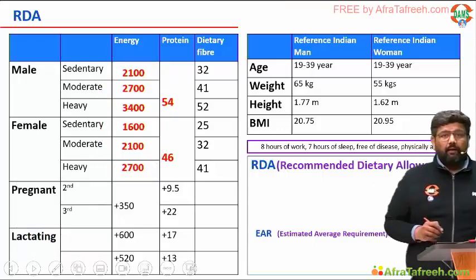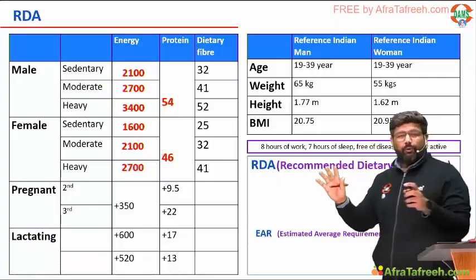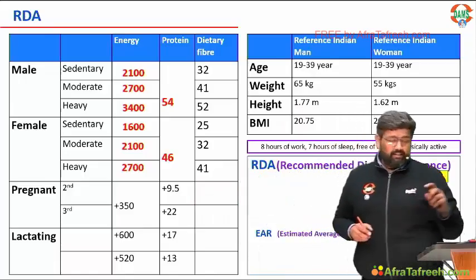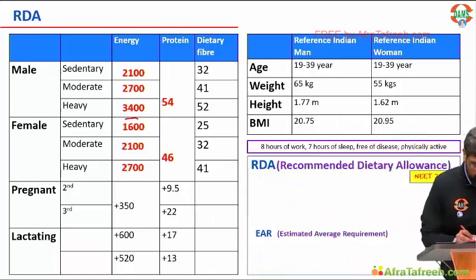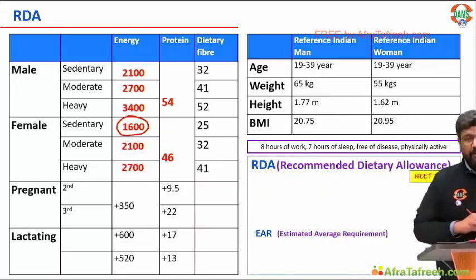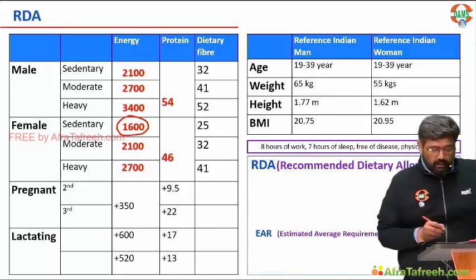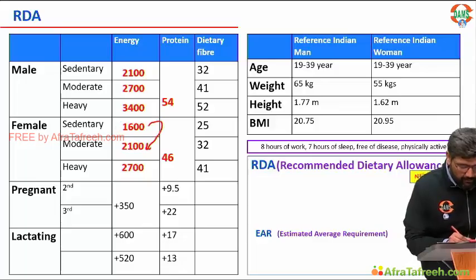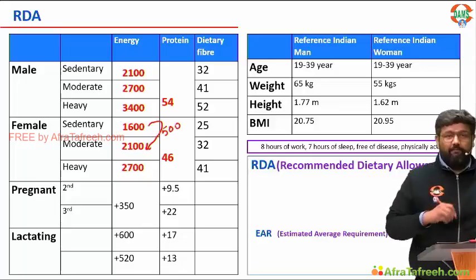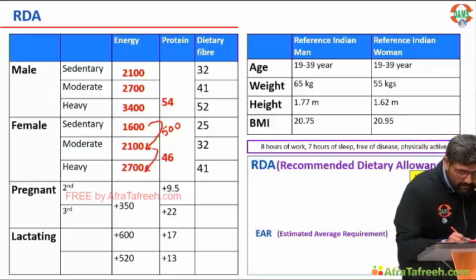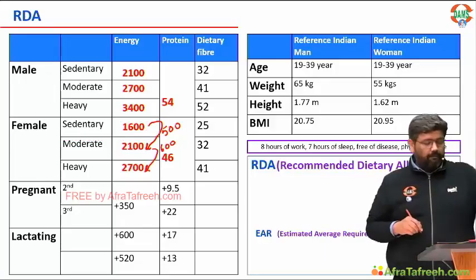Okay, guys, female first. Do you agree with me? Female first, right? If it is a sedentary female, we should think first: 1600. You add 500 for moderate.